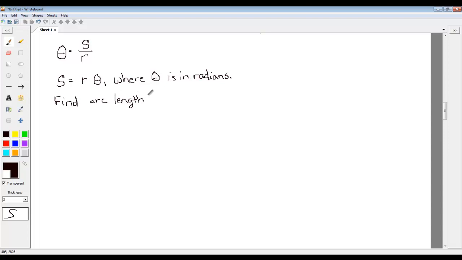So you can use that to find arc length intercepted on a circle with radius r and central angle theta. And again, it must be expressed in radians, not degrees.